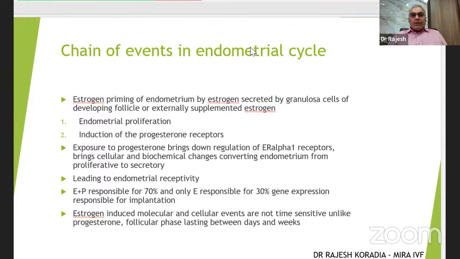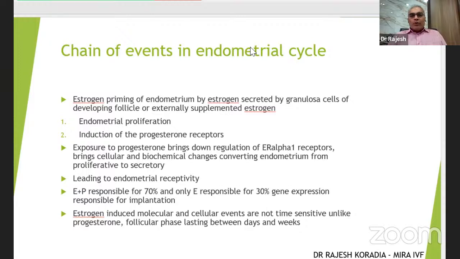Because of the estrogen, there is endometrial proliferation. The second function is induction of the progesterone receptor. Once the endometrium is exposed to progesterone, it brings down the regulation of ER alpha 1 receptors and brings cellular and biochemical changes, converting the endometrium from the proliferative to the secretory phase, which leads to endometrial receptivity.